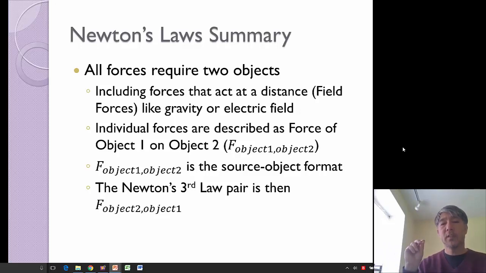So instead of saying force of object 1 on object 2, you can find the Newton's third law pair by switching those two and saying the force of object 2 on object 1. It will have the same magnitude but different direction, and the different direction is 180 degrees, or the vector flipped 180 degrees.